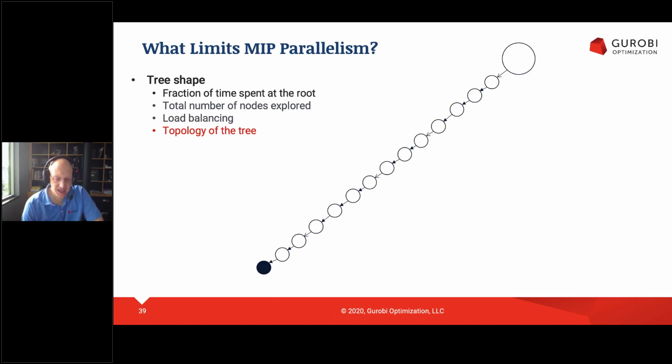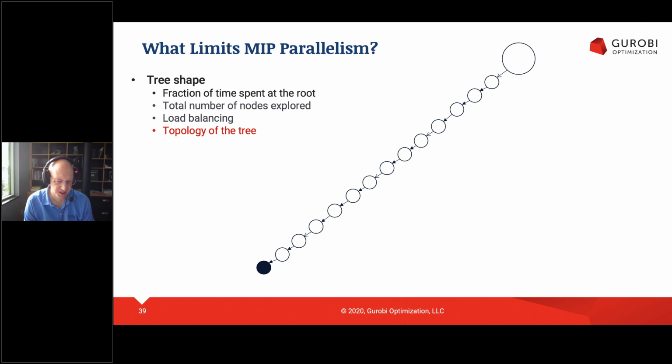And then finally, the topology of the tree. When you talk about how many nodes are required to explore the branch and bound tree, if I say it takes 1,000 nodes, that doesn't tell you the whole story. It's quite possible that the 1,000 nodes look something like this. We have a root node, you branch left, you keep branching left.